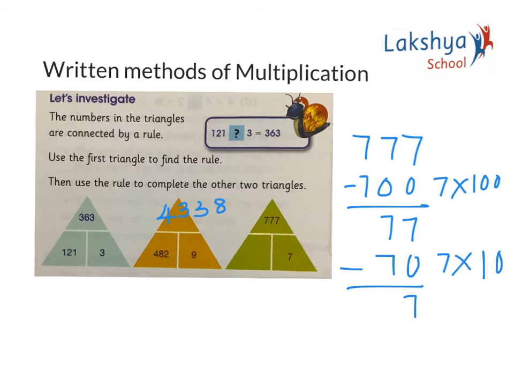So I get 7 over here. Next I multiply 7 with 1 to get a 7 with a remainder 0. And my quotient is 100 plus 10 plus 1 giving me 111. So this would be 111.